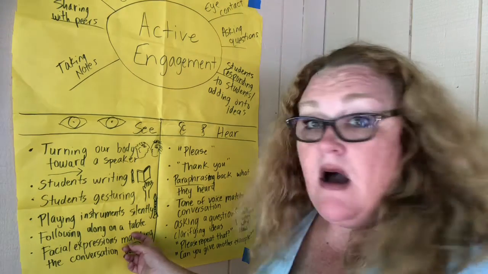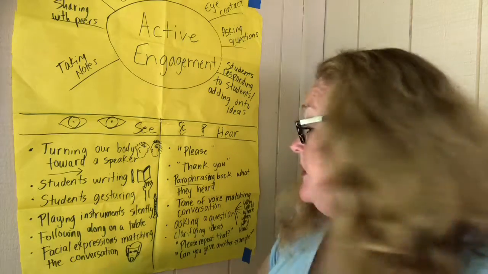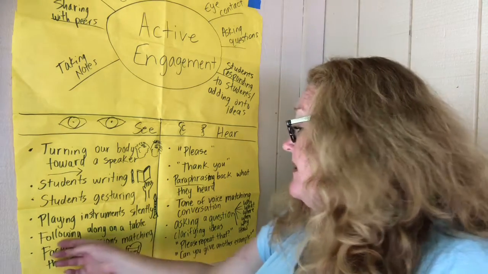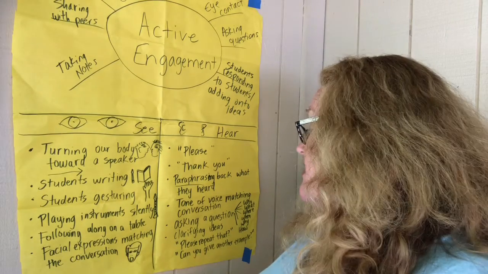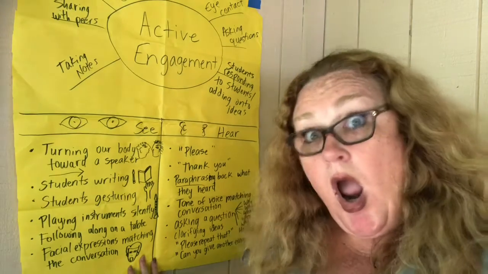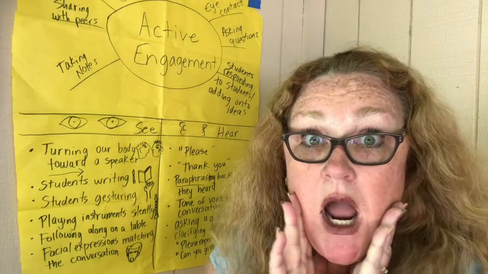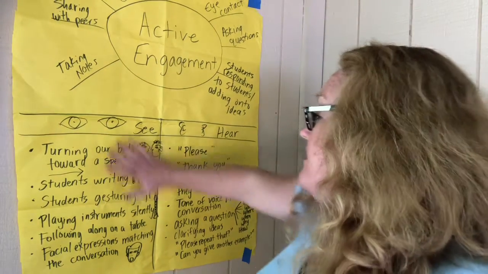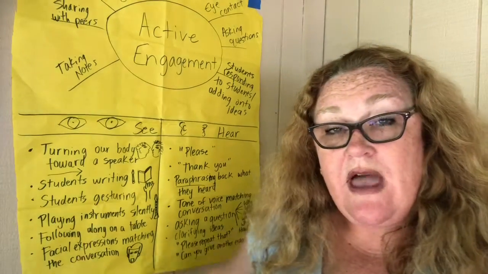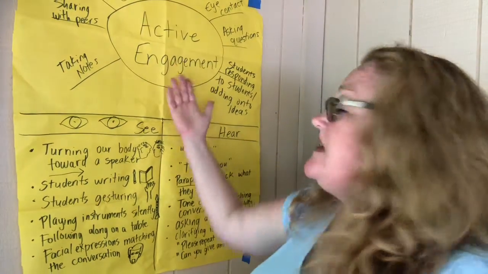Following along on a table or chart or graph, and really following along on anything, I think. And facial expressions matching the conversation we're having. Like, oh my goodness, I'm so surprised. Or, really, you don't say. So these are all visual evidences of that active engagement.